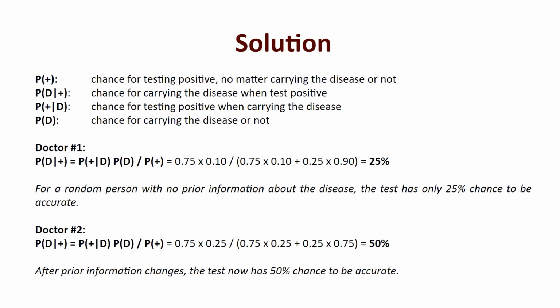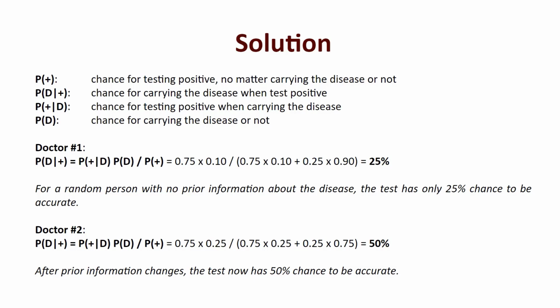So here comes the solution to the quiz. First we have multiple symbols to explain here. P(+) means the chance to test positive, no matter carrying the disease or not. P(D|+) means the chance of carrying the disease when testing positive. And P(+|D) means the chance of testing positive when carrying the disease.